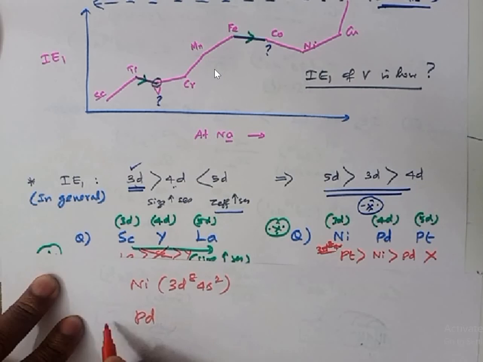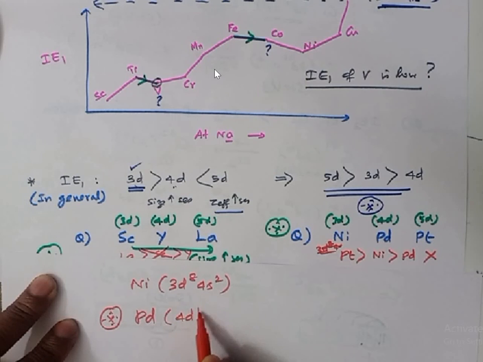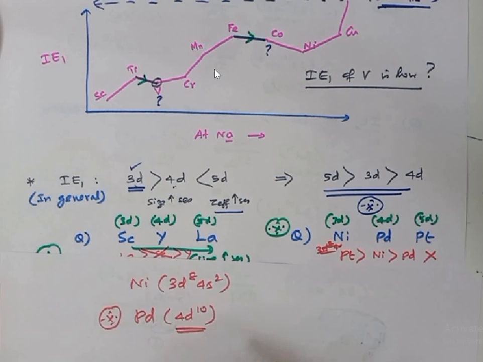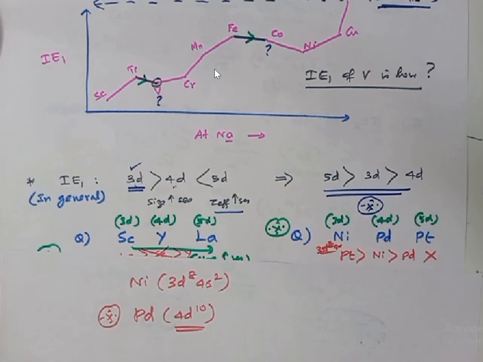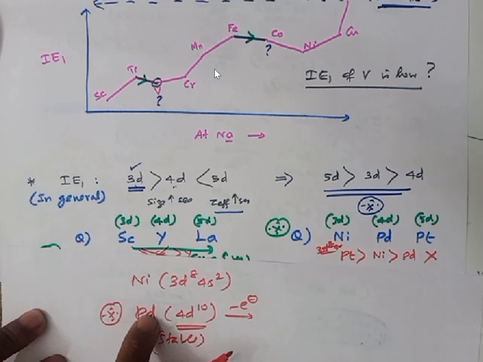Whereas palladium is an exception. I told you last class. Palladium configuration is 4d10, student. Remember, it's not 4d8 5s2. Palladium configuration is 4d10, which means it is stable. So removal of an electron from palladium is difficult. Therefore ionization energy is high.